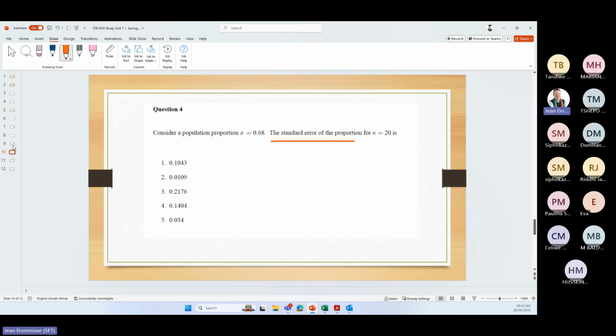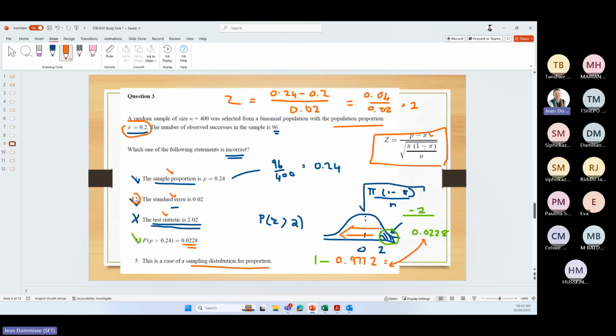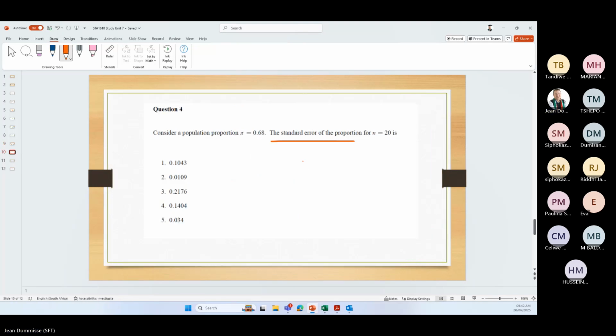So let's just copy that component over again. Standard error.